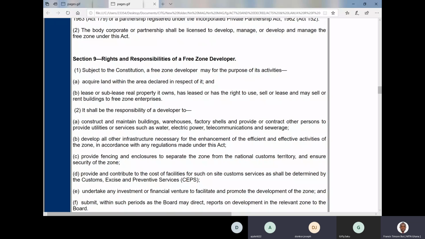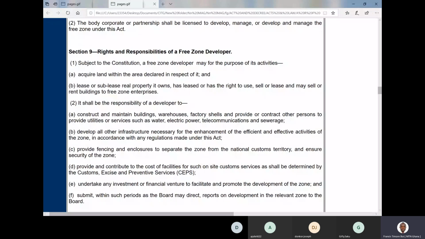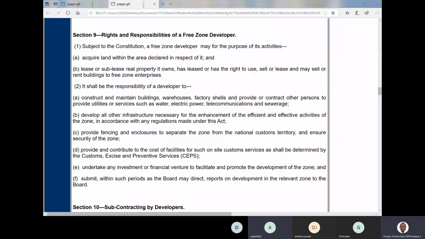And if that is declared, what it means is that you have to be paid compensation. And the compensation paid, according to the Constitution, is any fair amount. If your land has been taken and they don't pay compensation, you have every right to take the matter to court. That is why we have subjected this section 9 to the Constitution. Hope that is clear. Okay, continue for us.